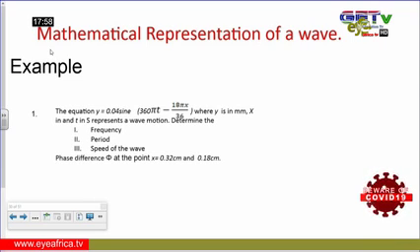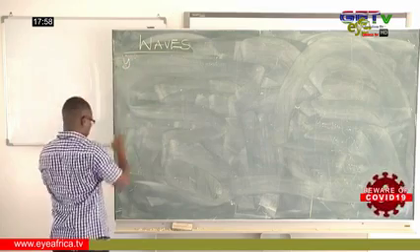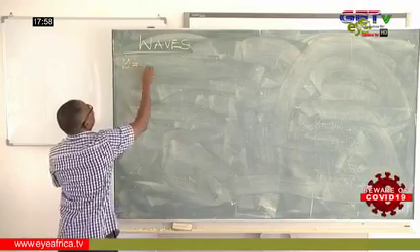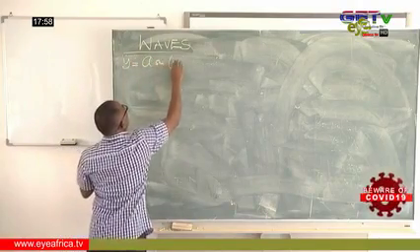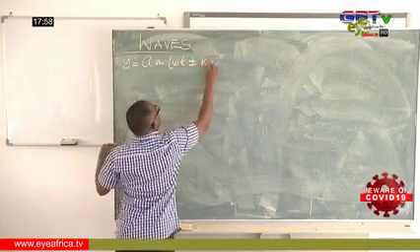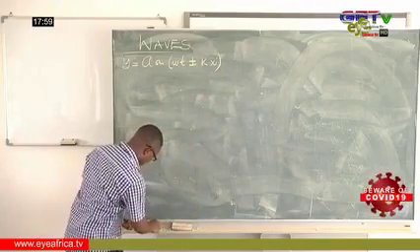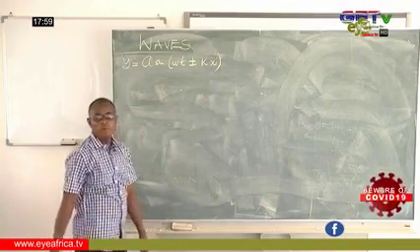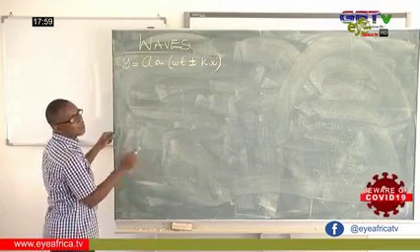Now remember, from that equation, we were able to look at the path difference, the relationship between them. So remember the equation is giving us y equals A sine omega t plus or minus kx. So now with that, we can compare that equation. Look at the question on the board.